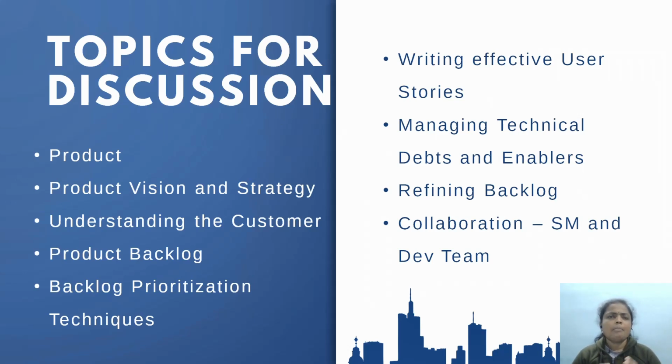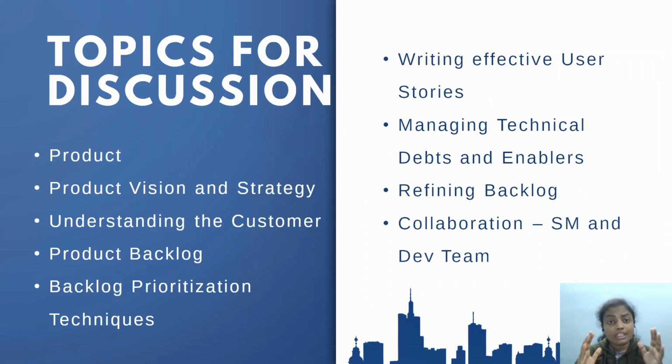Okay. But we have some best practices, right? How are we going to write the user stories so that they are very effective? Because user stories are the tool that is helping each and every person in the Scrum team to understand what is the user expectation, what is the value we need to deliver, what is the goal of the story, right?